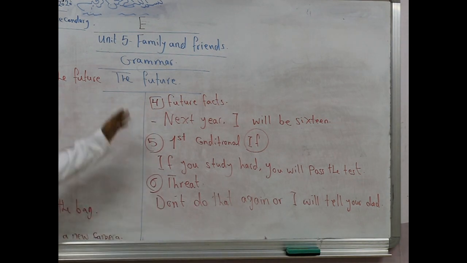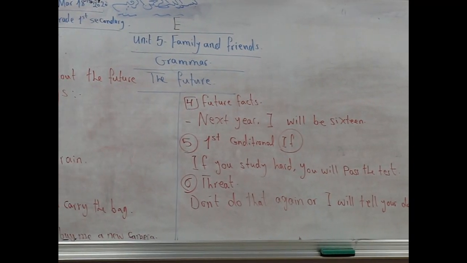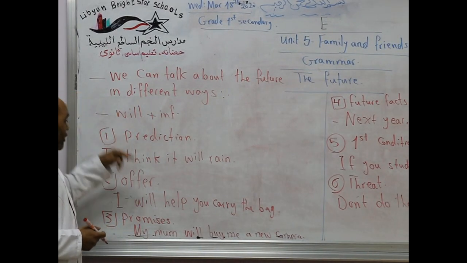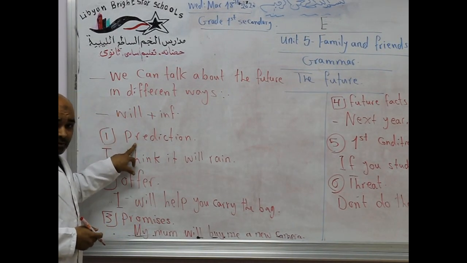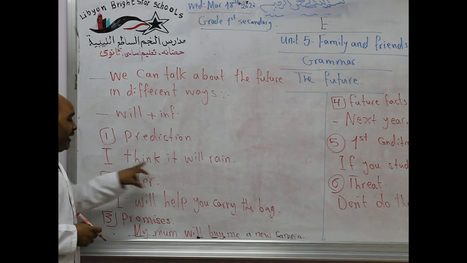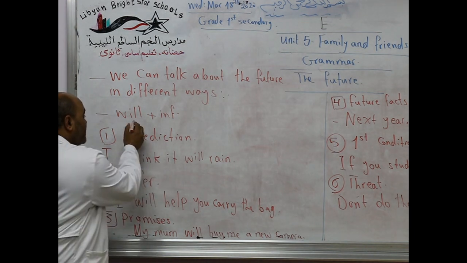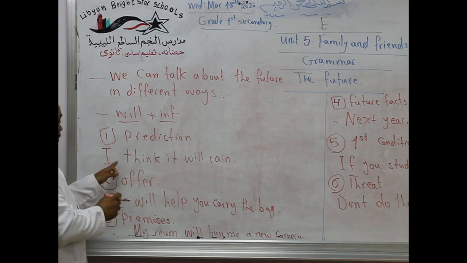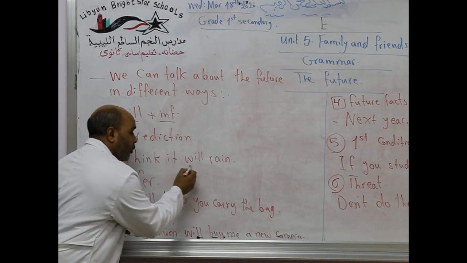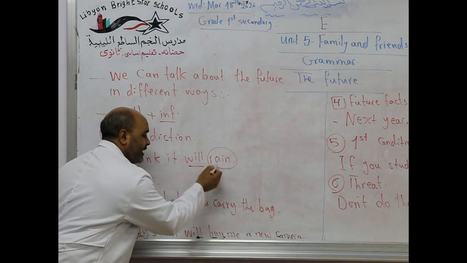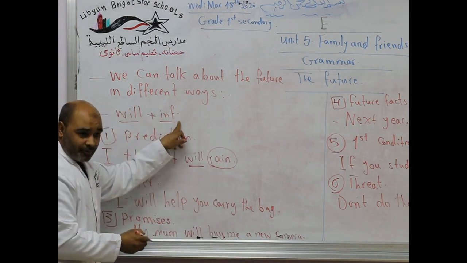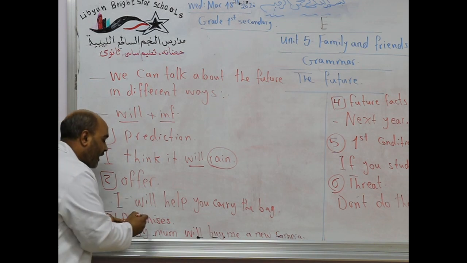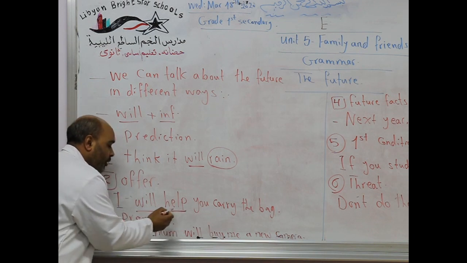Now you are with me. This is the future with will. The future with will, as we said, we can talk about prediction, for example, I think it will rain, and we can say that will plus infinitive or the main verb. I think it will rain. Rain is the infinitive. Okay? The second one is offer. I will help you. Help.